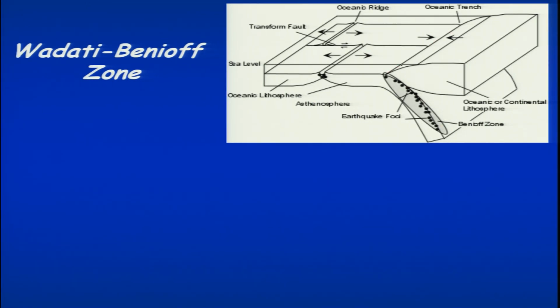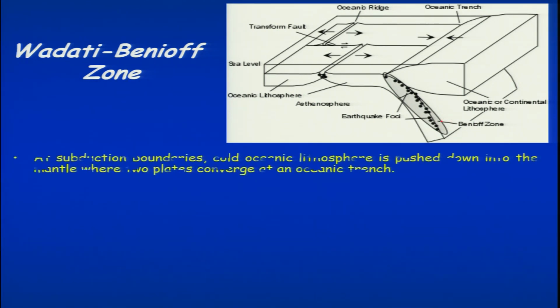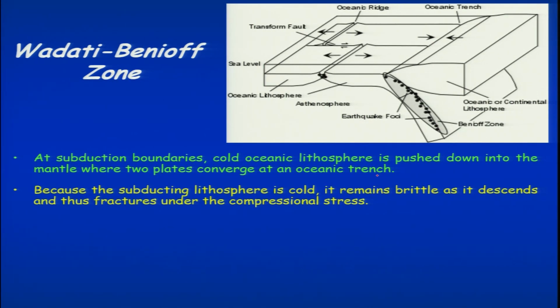So the surface plate boundary, as well as the portion which is subducting below, will also result in earthquakes. So at any subduction zone, usually what happens is the cold oceanic lithosphere is pushed down into the mantle, where two plates converge at an oceanic trench. So this portion is your oceanic trench, and this is the convergence which is taking place.